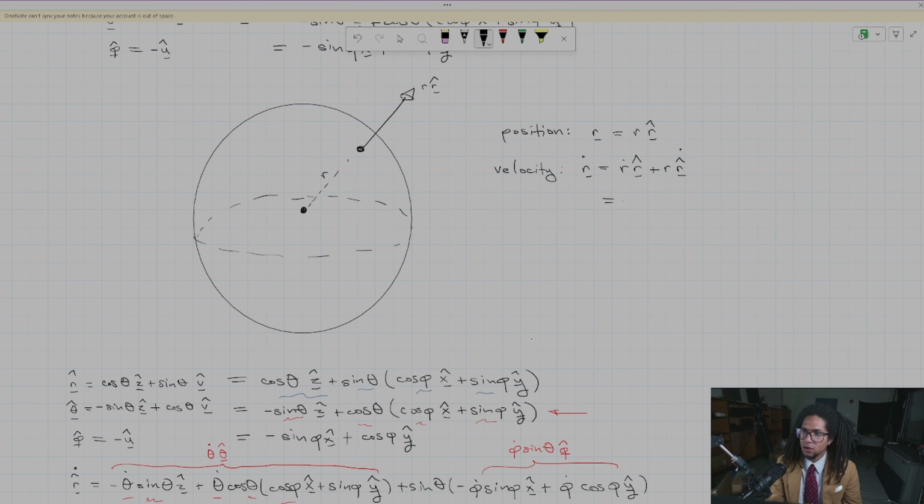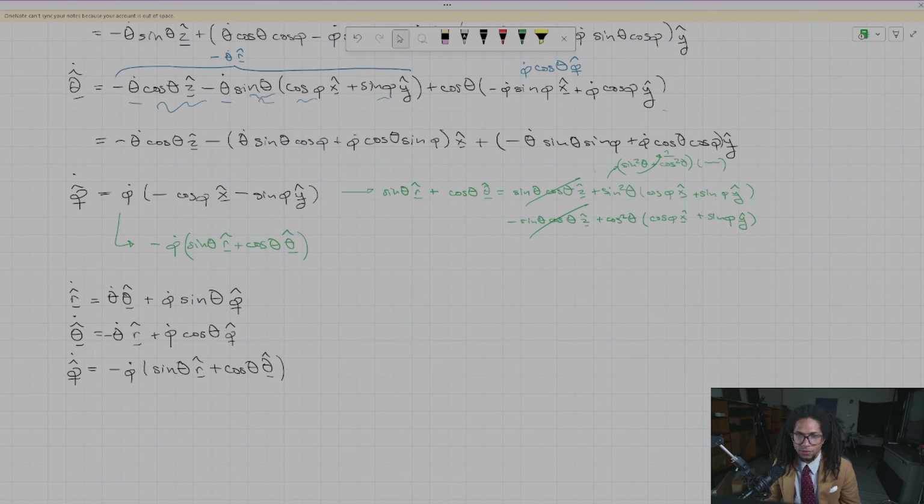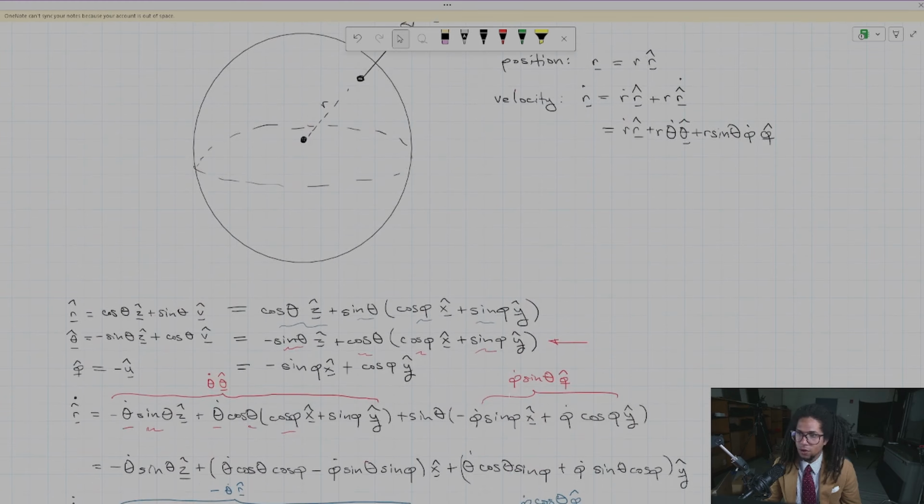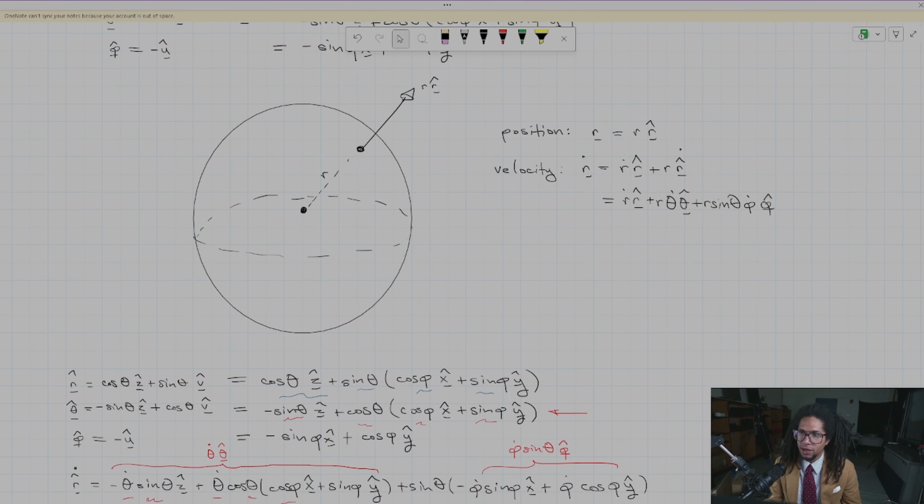So that's r dot r hat plus r theta dot theta hat plus r sine theta phi dot phi hat, just from right here. Okay, so there's one step in the process.